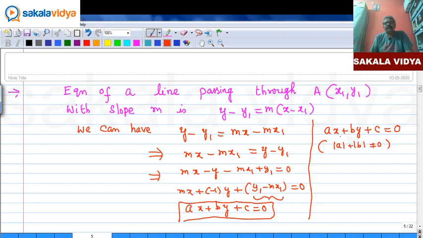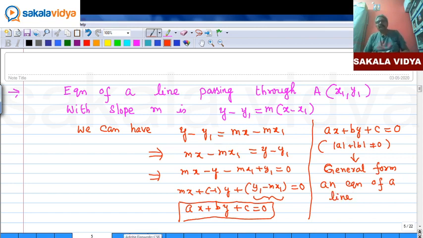Simultaneously a and b should not be equal to 0. With this condition, this is called the general form of an equation of a line.